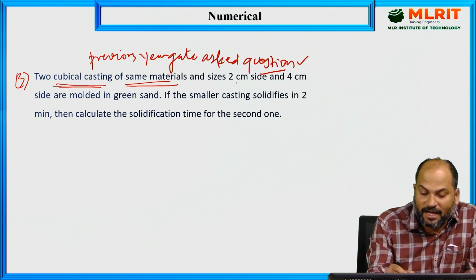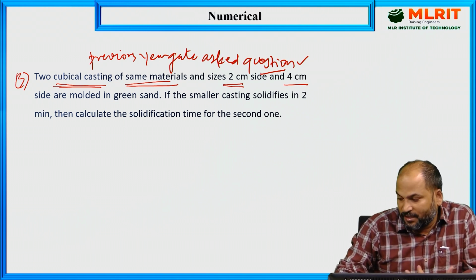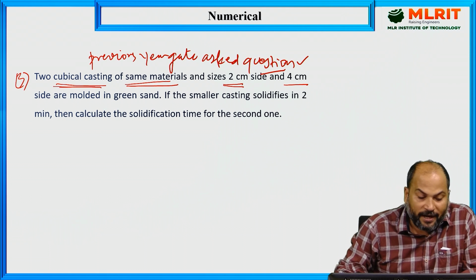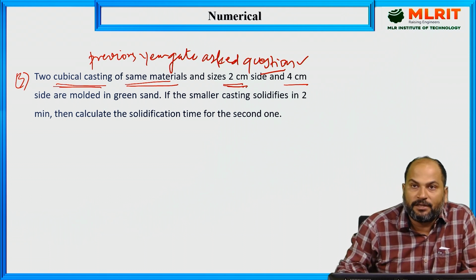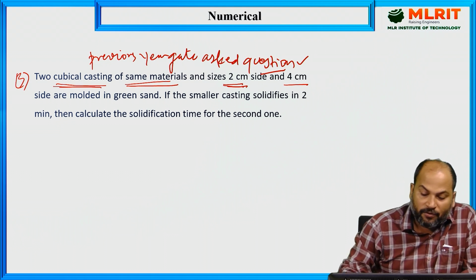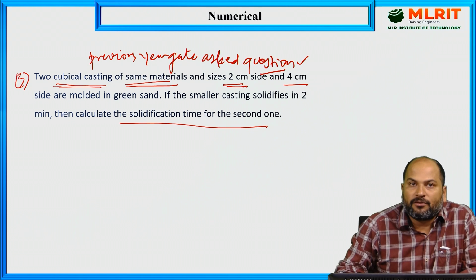So the side length of the cube for the first casting is 2 centimeter, and for the second casting is 4 centimeter. If the smaller casting, the first one with the 2 centimeter side, solidifies in 2 minutes, we have to calculate how much time the second one will take for solidification.